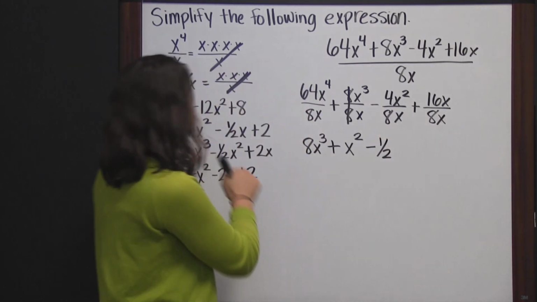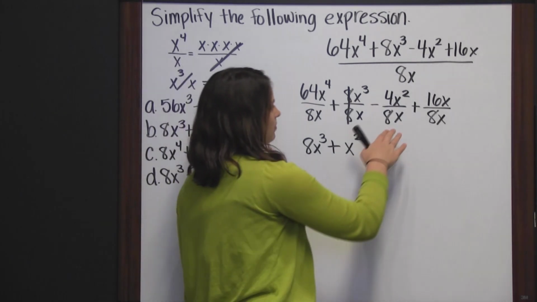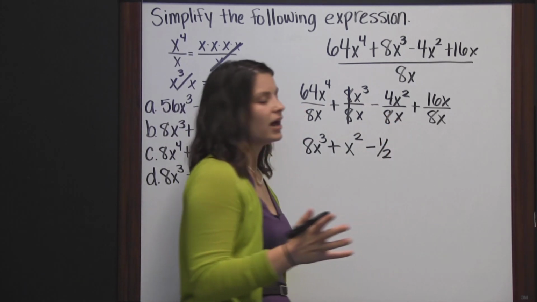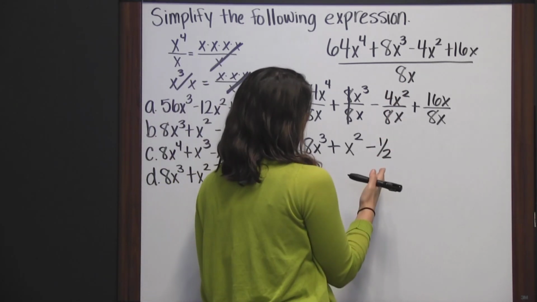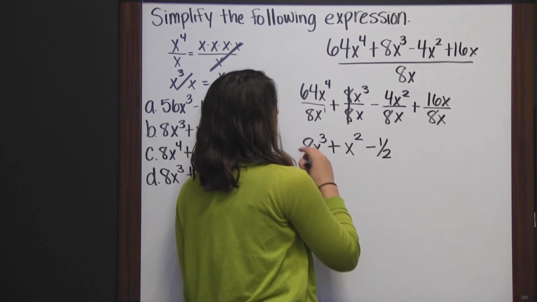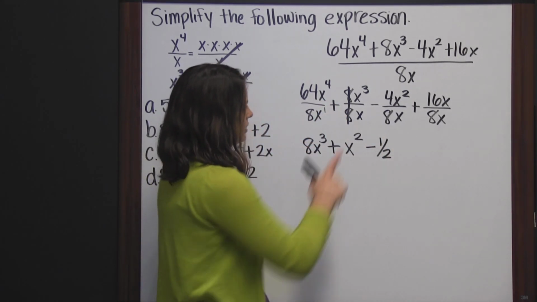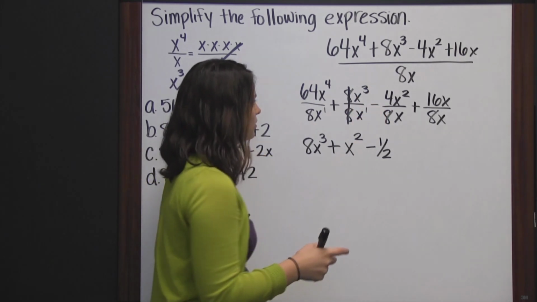You may have noticed from these two examples before that when we divide by x, or really when we divide at all, what we're doing is subtracting the exponents. So x to the fourth divided by x to the first, or x to the 4 minus 1, is x cubed. So here we have x to the 3 minus 1, x squared.